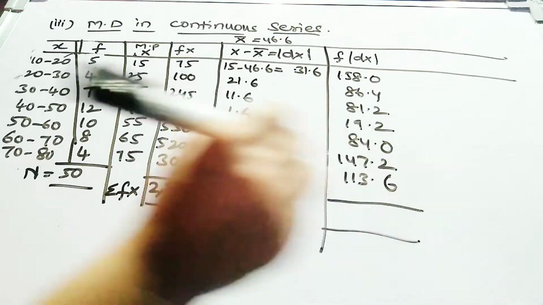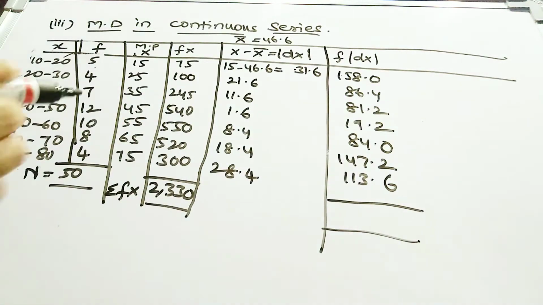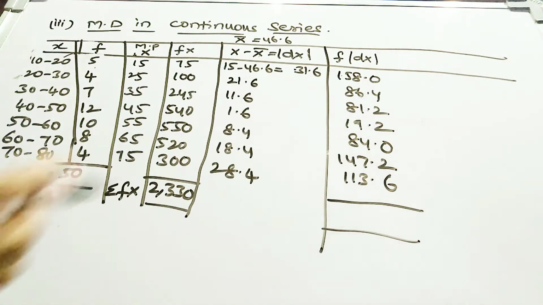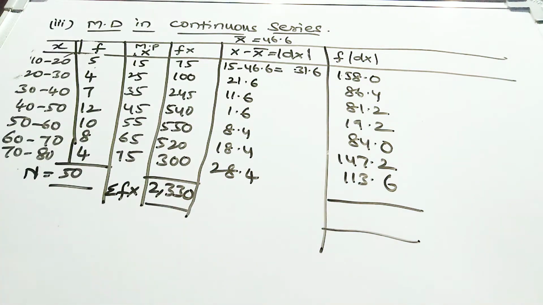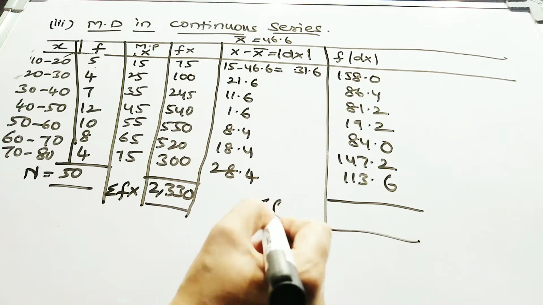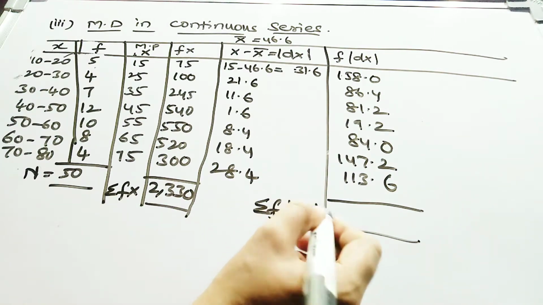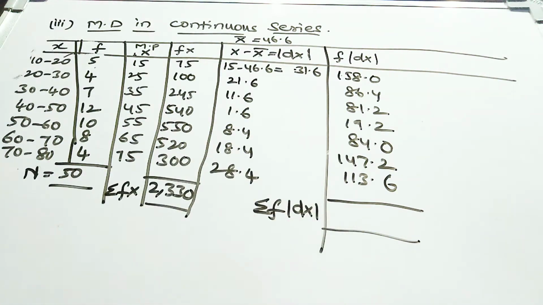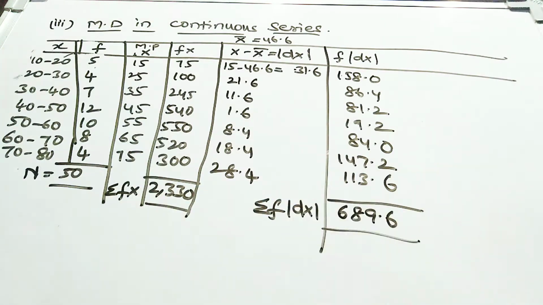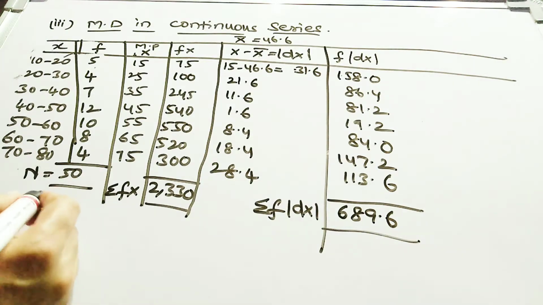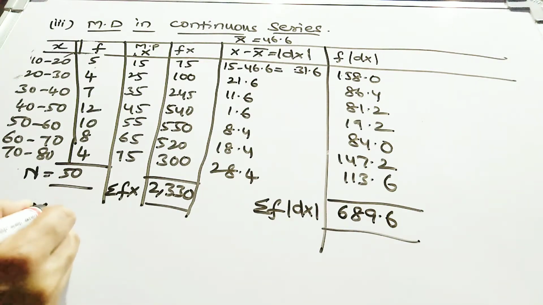After calculating frequency times deviation, sum them up. So what value will you get? Sigma f mod dx you will get as 689.6.